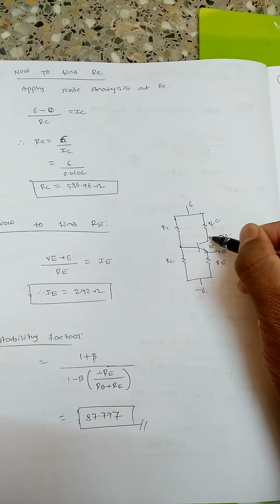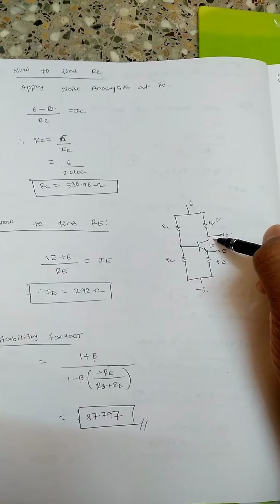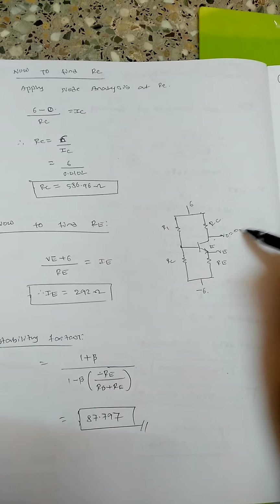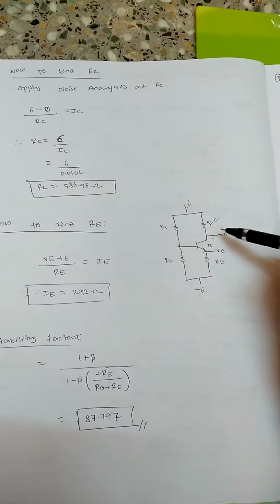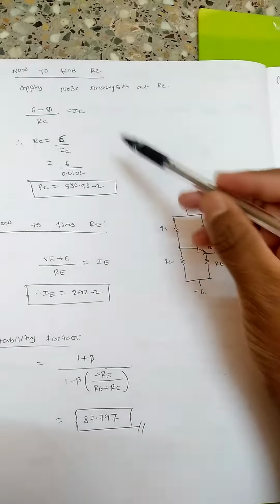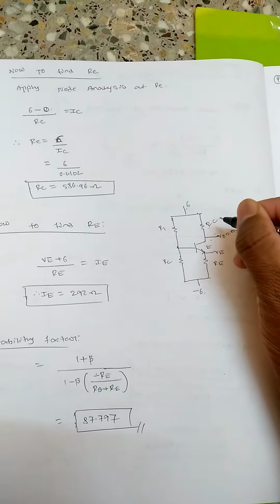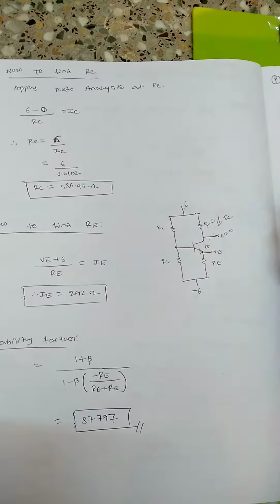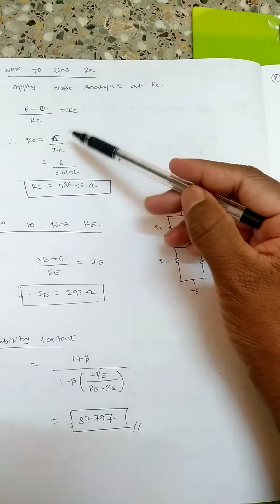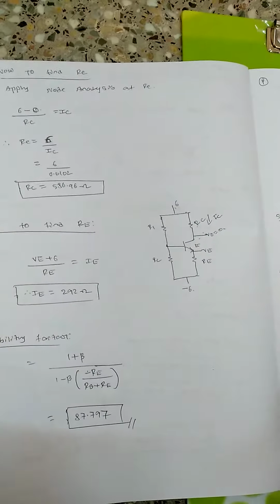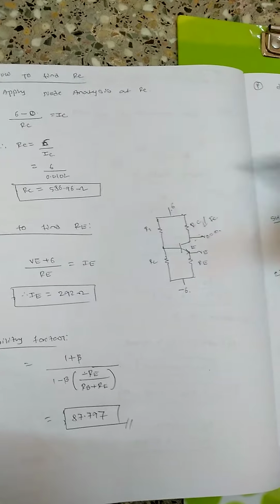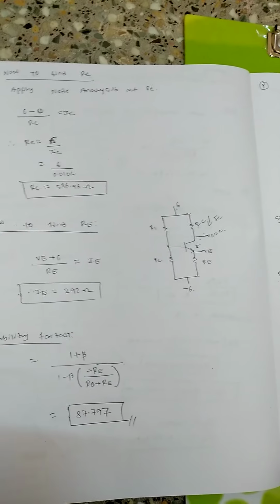So 6 minus V naught, that is connected to 0 directly, it is given in the problem, divided by RC will be equal to IC. So this minus this divided by resistance will be equal to the current flowing through this resistance, which is IC. So RC is equal to 6 divided by IC. IC value I know already. So when I substitute for that, I will be getting RC equal to 586.96 ohm.